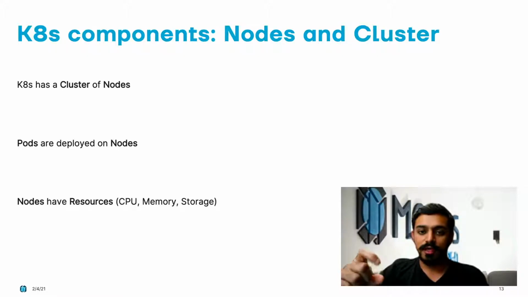Then in Kubernetes we will have a cluster of these nodes, and the resources among these nodes will be pooled together into this cluster, and then these resources will be shared. So a node is the entity where the pods will be deployed, and all the nodes have some resources which will be pooled into a cluster in Kubernetes.